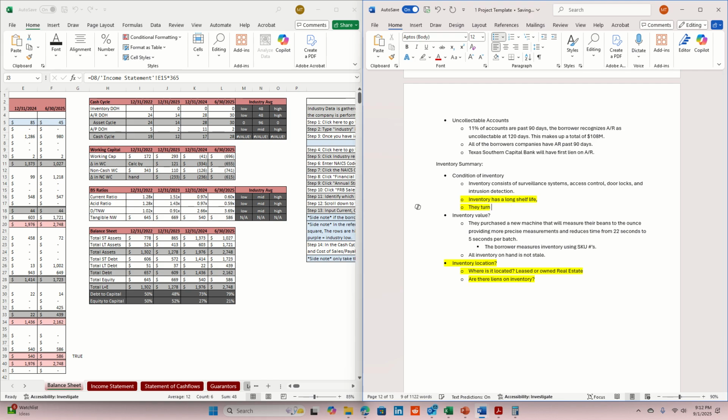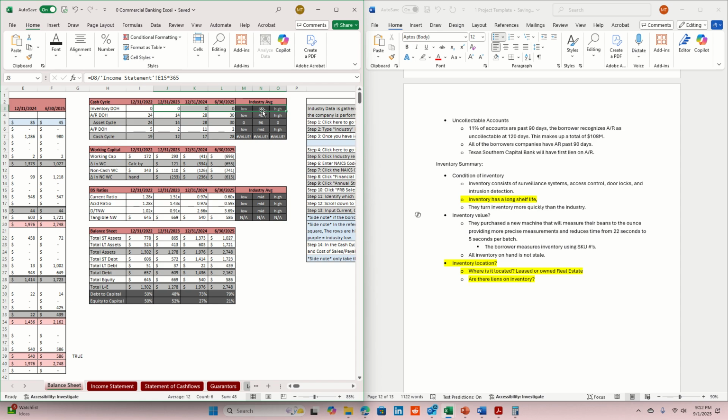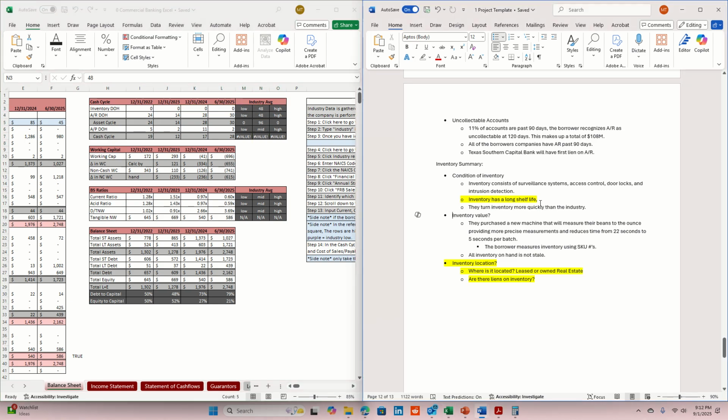They turn inventory more quickly than the industry. That's just this company that I made up. I made up these numbers. I'll show you guys where to pull these numbers from and how to get these numbers throughout the week too. Okay, inventory has a long shelf life. Yep, sure does.